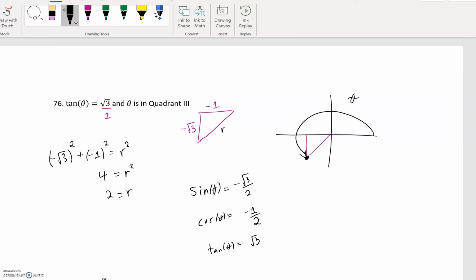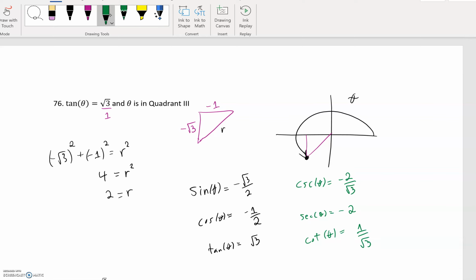Tangent of theta is the square root of 3. From here, we can find our reciprocal functions. So cosecant of theta is equal to negative 2 over root 3. Secant of theta is equal to negative 2. And cotangent of theta is equal to 1 over root 3.